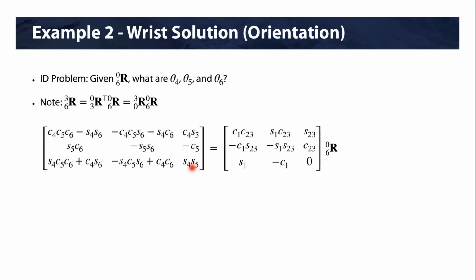So these are the equations in terms of theta 4, theta 5, and theta 6. These are unknown. All right, but this whole side is known. All right, and so these would be known numerical values. So these are known.